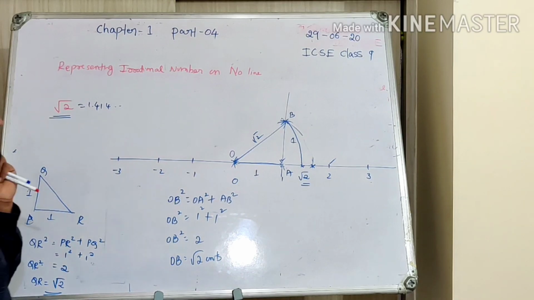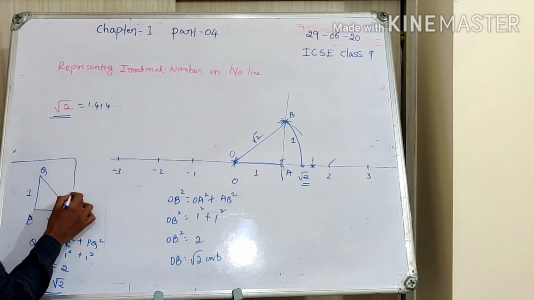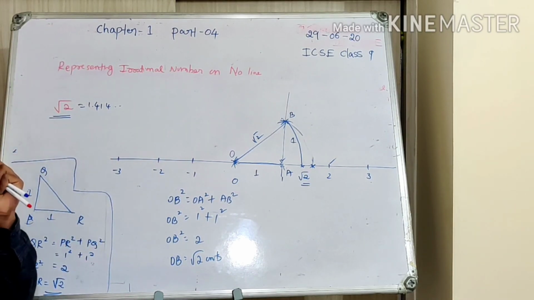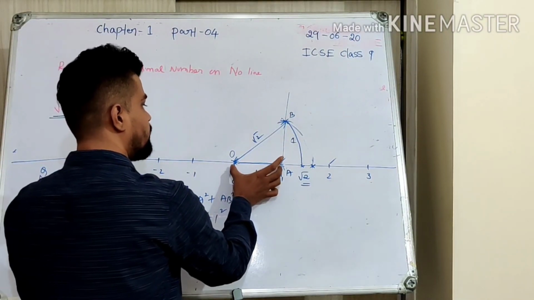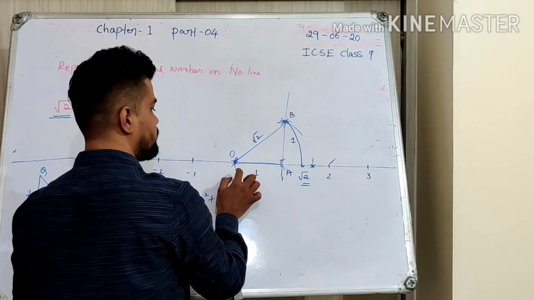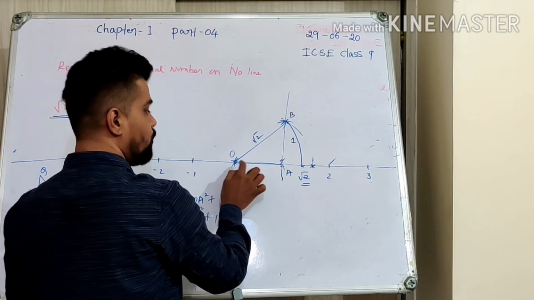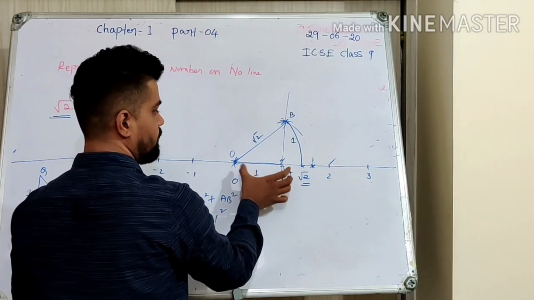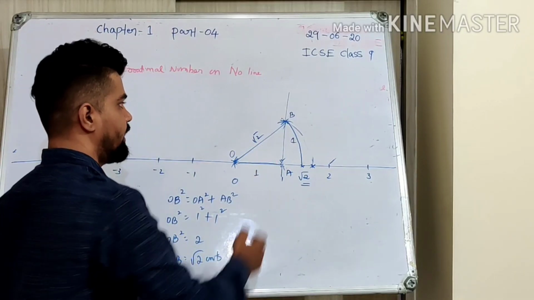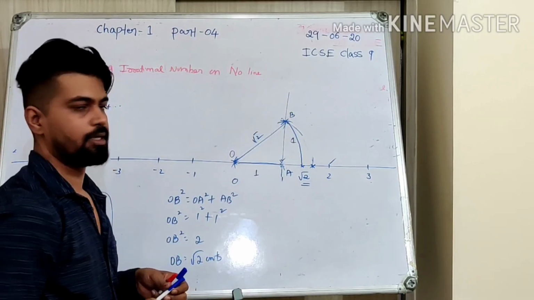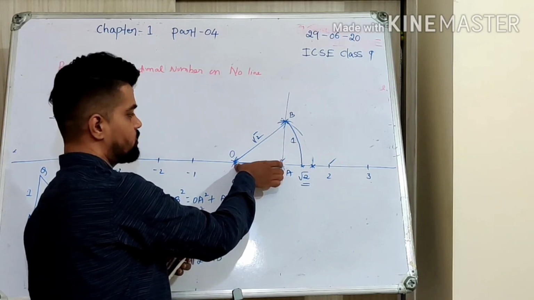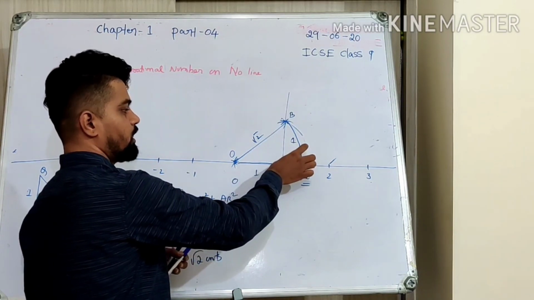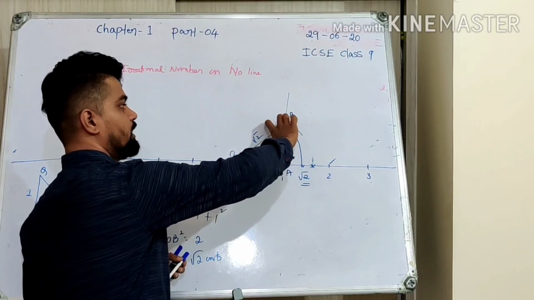I'll repeat again. We are using the logic of Pythagoras theorem to represent irrational numbers on the number line. We take a number line and mark this as origin O, and this length as A. OA is 1 unit. Then we draw a line perpendicular to that and take a compass, take this unit 1 distance and keeping A as a center, mark that arc here.